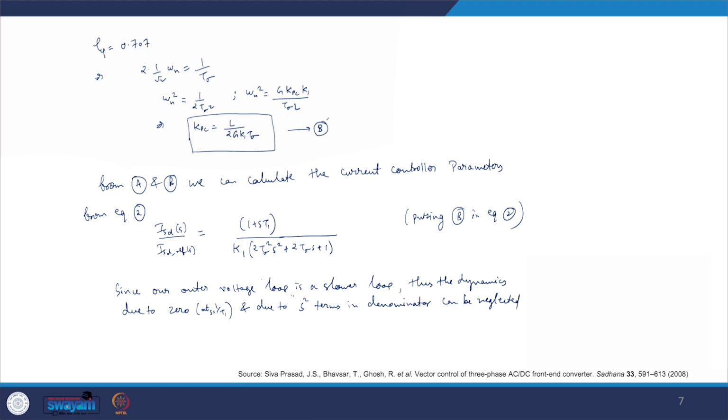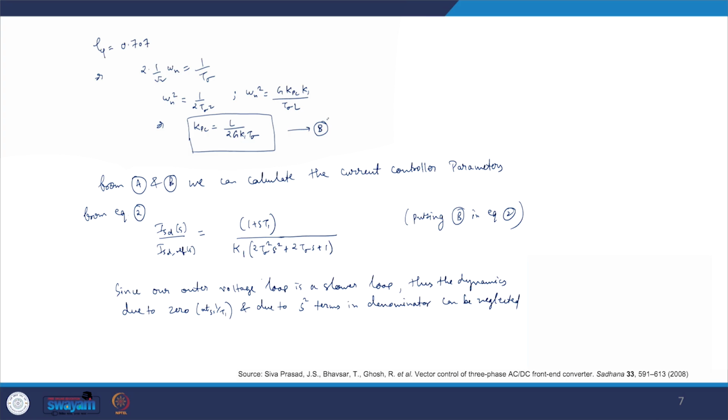this voltage loop is a slower loop, so the frequency corresponding to that slower loop is very small, near s equal to 0. So when the frequency corresponds to dynamics closer to 0, that means s is close to 0, and the zero in the numerator, which is kept at 1 by T1, will have a very negligible contribution towards the dynamics, as for smaller frequency the product of sT1 is very small, since both s and T1 are very small quantities.